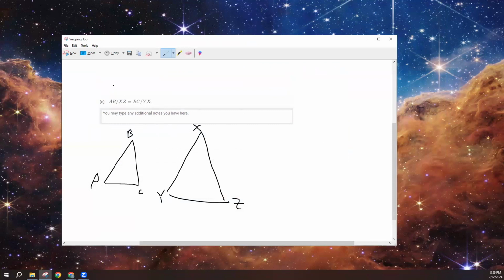Now we have to be a little bit careful here, so I'm going to rewrite this a little. The statement is AB over XZ is equal to BC over YX.